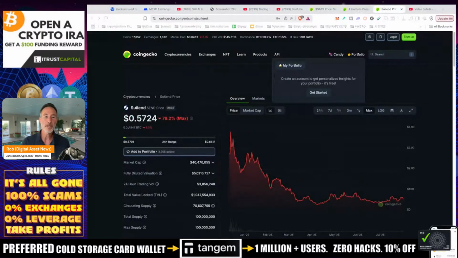And they bought a ton of it to get the price up, and they were in control of one or all of these projects. And then the funds that flowed into them, they just kept those funds. And then what happened is when this person opened up their account, they just had a bunch of these worthless tokens, and the real funds were gone.